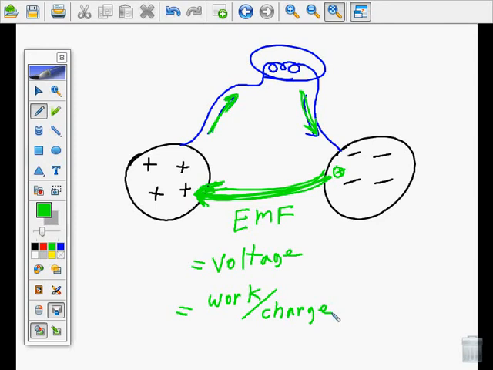So it's obvious that work is being done to put that positive charge back. And if we wanted to calculate the rate at which that work is done, we'll be calculating power.